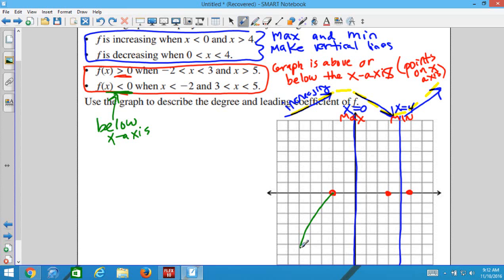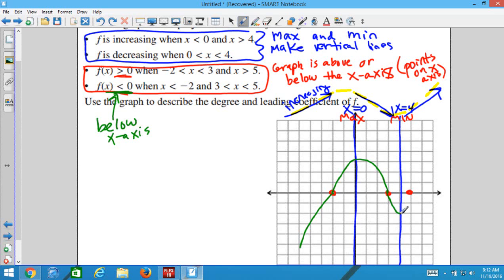Okay, so I'm going to start, if you guys watch just for a second here. I'm going to start going above the x-axis, but what happens when I get to this line? That is a maximum, so I have to start going down until I get to that point, which is at 3. And at that point, it goes below the x-axis. And I continue on until I get to this line.